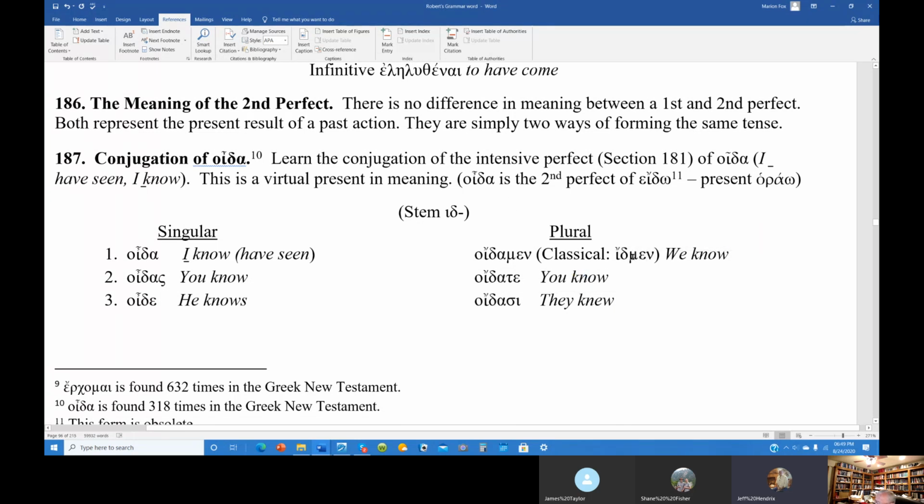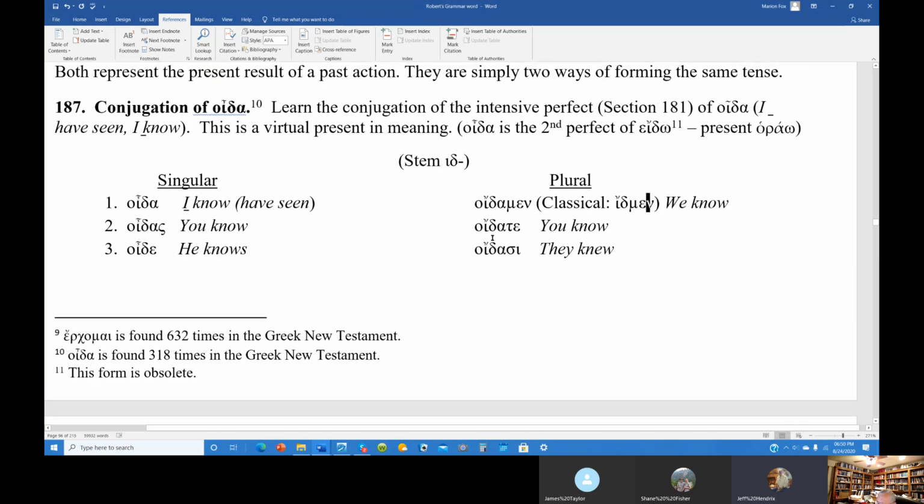You can see the men ending on the classical. Other questions? So we have our stem, and we have the ending. This functions like your reduplication, omicron does.